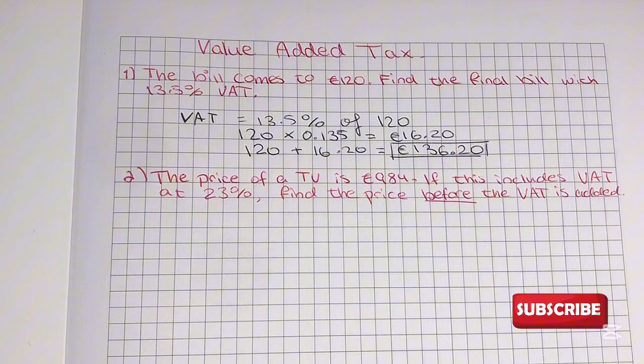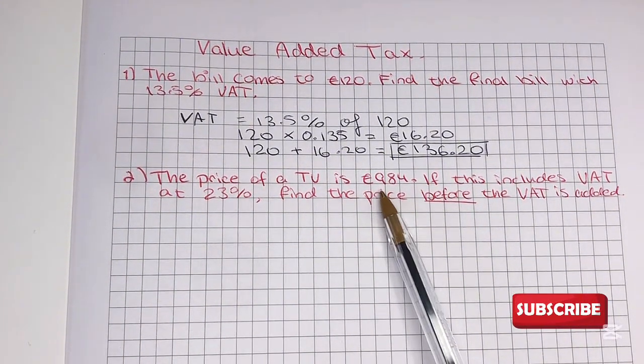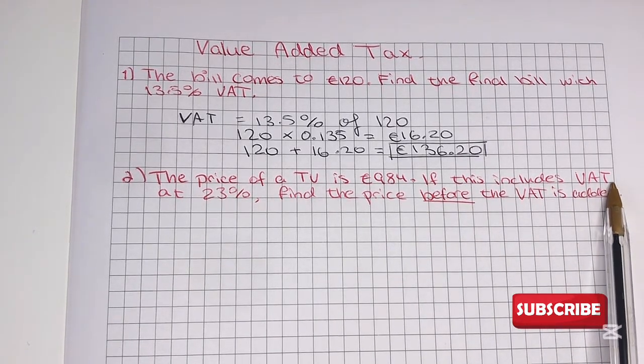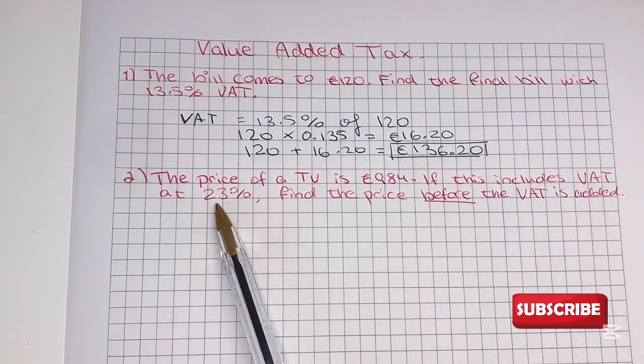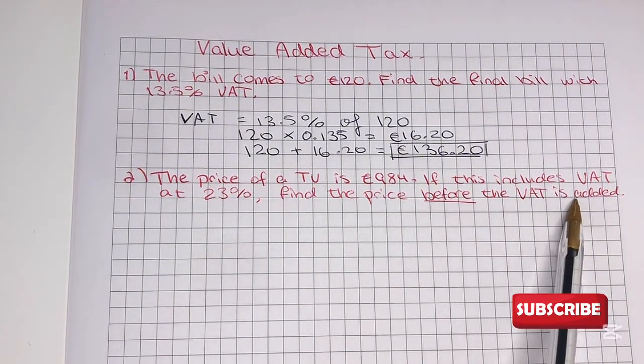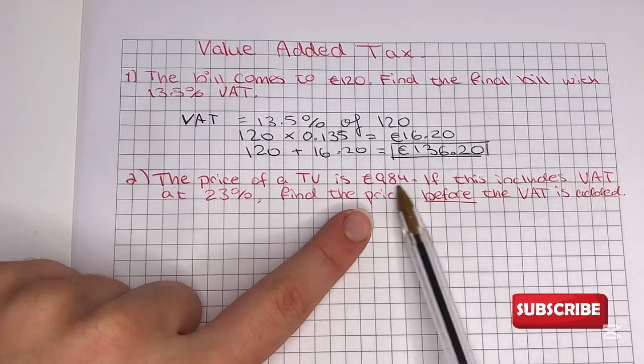In the second question, it's telling us the price of a TV is €984. If this includes VAT at 23%, find the price before the VAT is added. Okay, so we are given the actual amount.